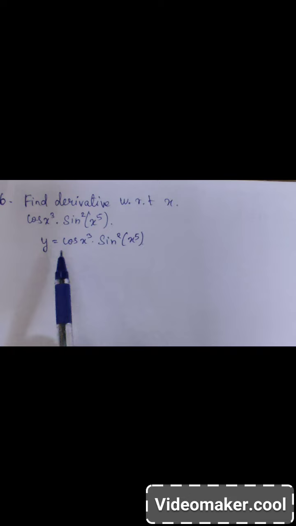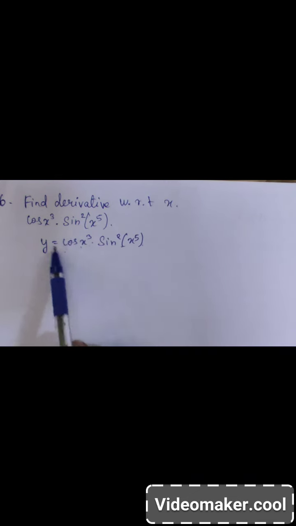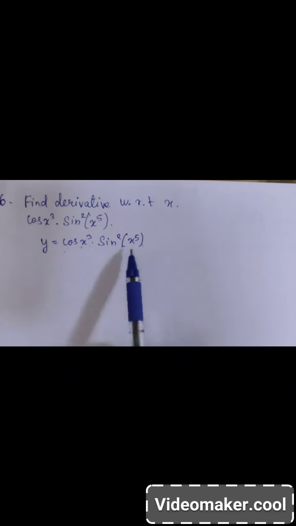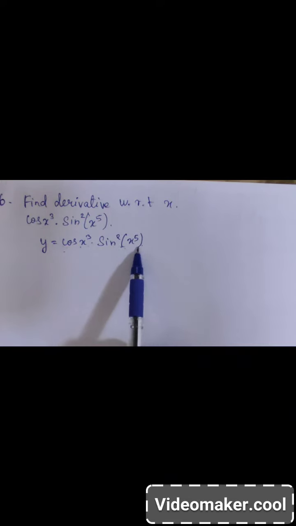Here it is a product of two functions where each function is a composite function. The cos of x cube is a composite function of cos x and x cube. And here also it is a composite function of sine square, the sine function and x to the power 5.